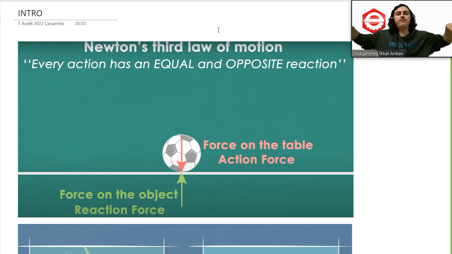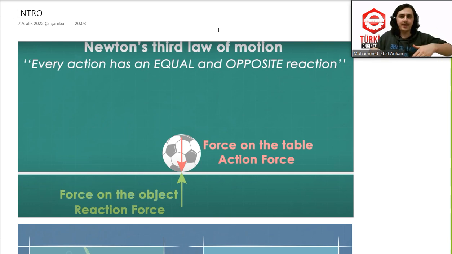The bird will push the air down, and the air will have an opposite reaction force, which is pushing upward. So when the bird is pushing down the air, the air will oppositely push the bird up, and that will make the bird accelerate and move up.